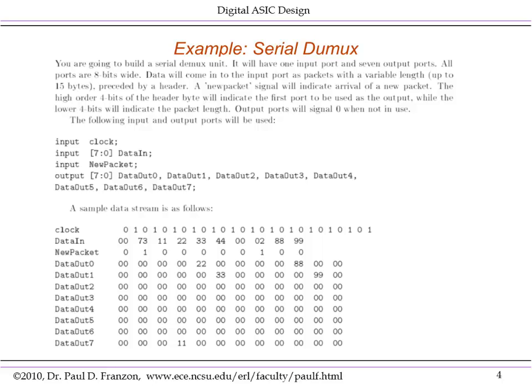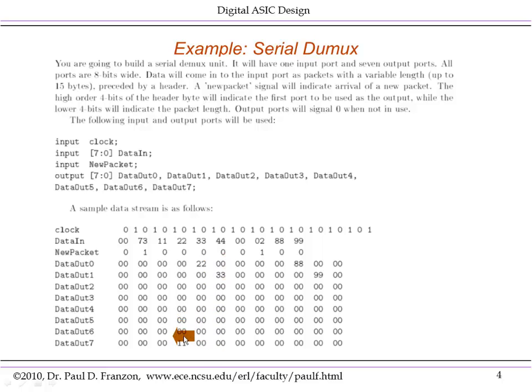Next we have a serial demux unit. What I want to do here is when new packet is high, I'm going to read in data in. This tells me how I'm going to demux the next few bits, next few bytes onto these outputs here.